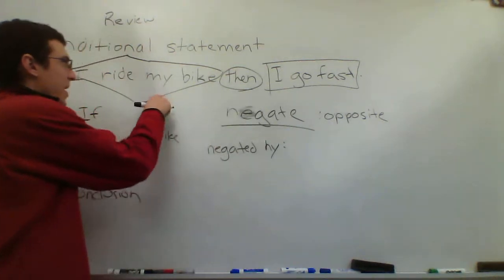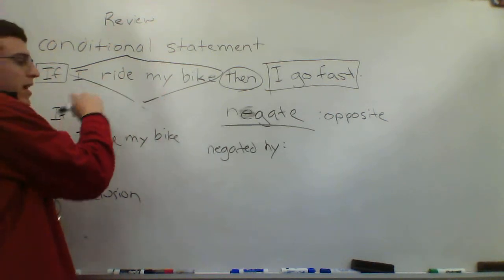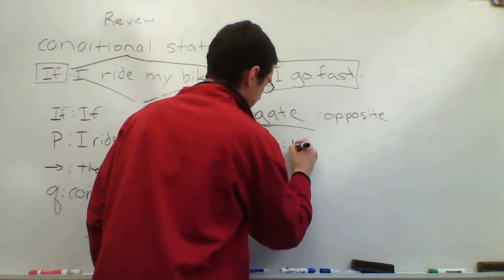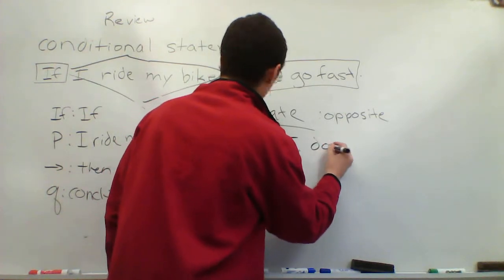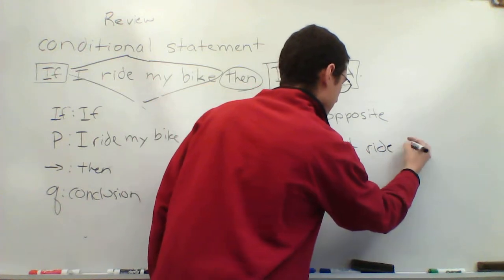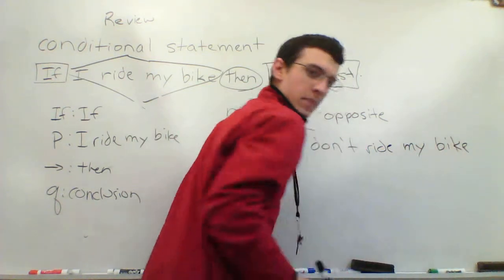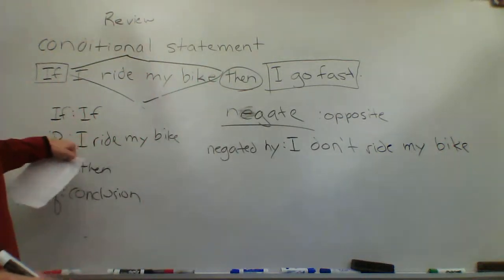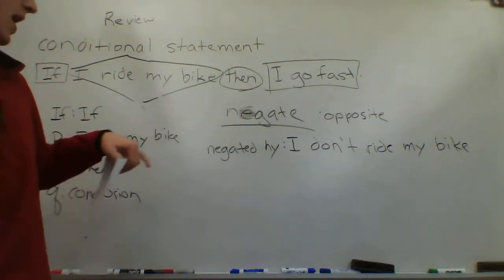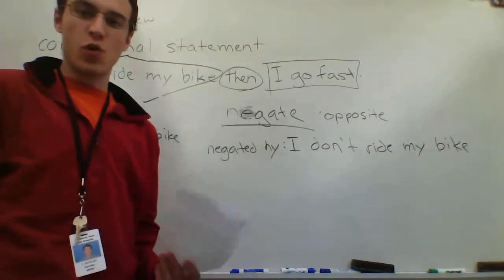So if we are negating my hypothesis, I ride my bike, it becomes I don't ride my bike. So you have your normal hypothesis, I ride my bike, and now we have our negated hypothesis, I don't ride my bike.